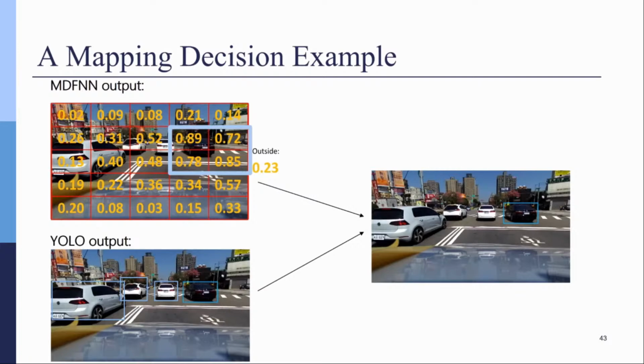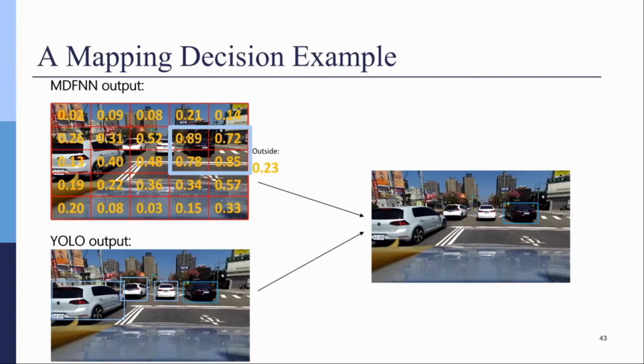Yolo also generates an output like this. It identifies there are 4 vehicles in the frame. MDFNN positions the target vehicle using sensory data BI. Yolo also identifies vehicle objects on the screen.